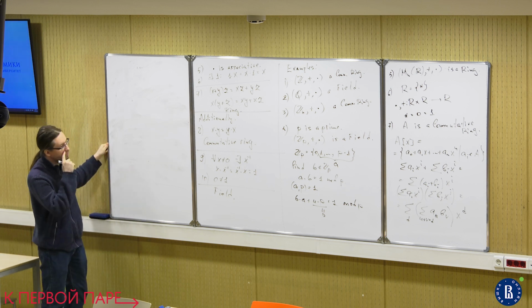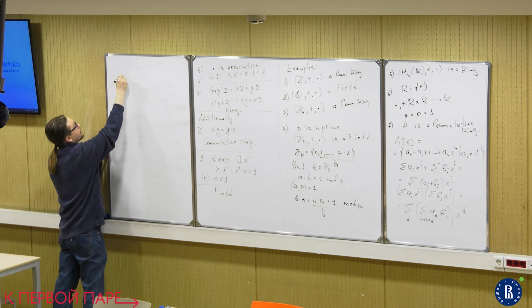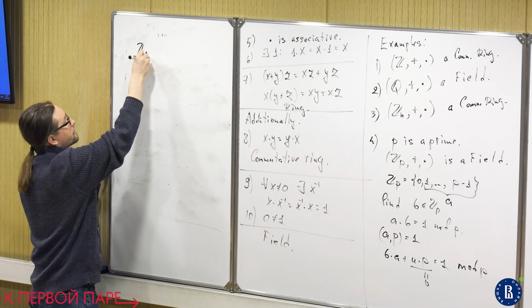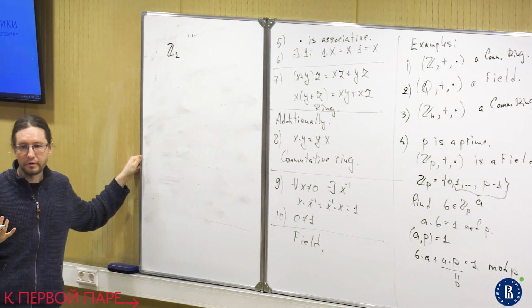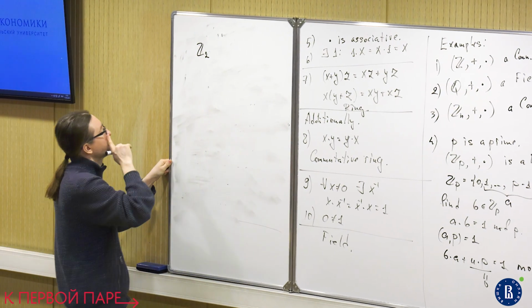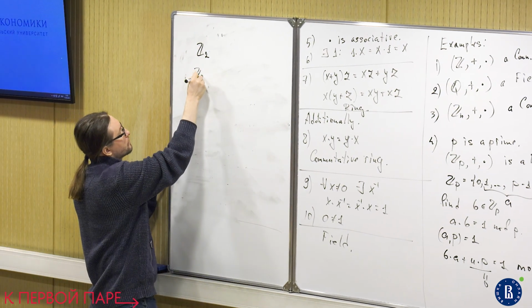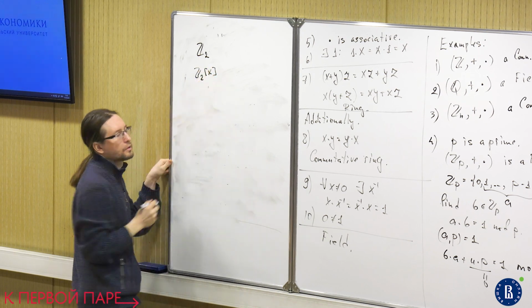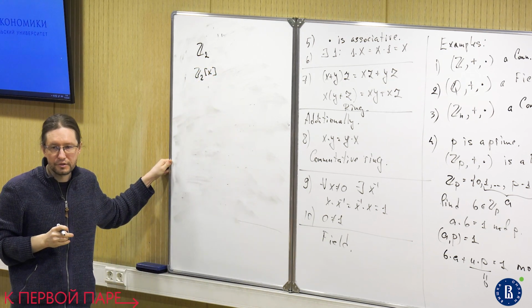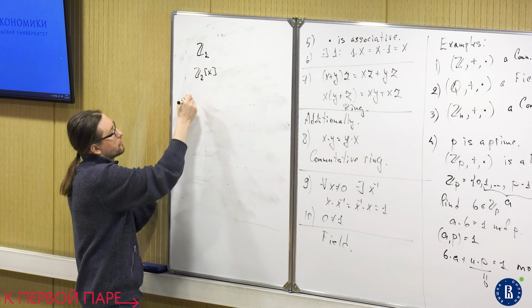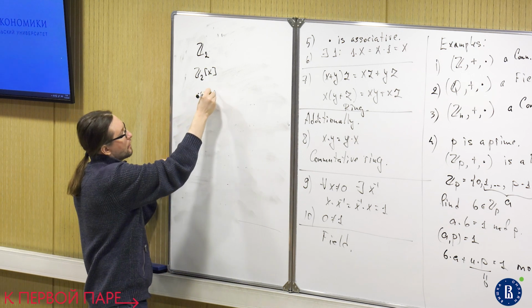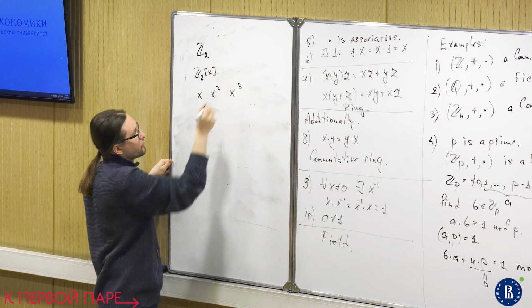Okay, so let's say we're given Z2 with addition and multiplication. So this is a ring. So we may consider polynomials with coefficients in Z2. Now, we have polynomials like x, x squared, and x cubed.